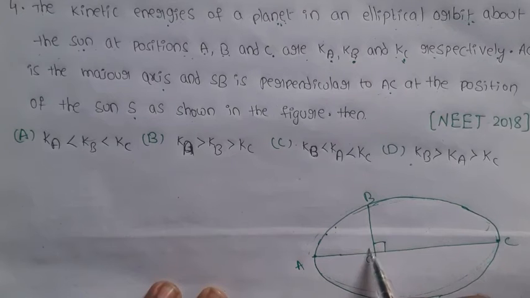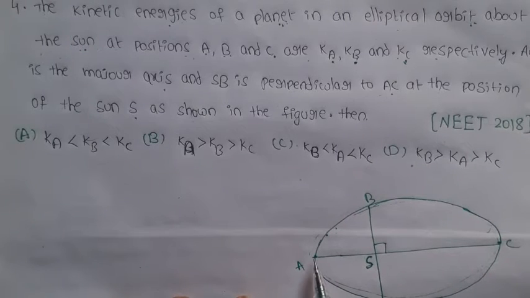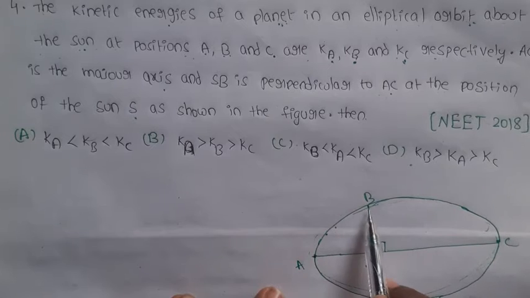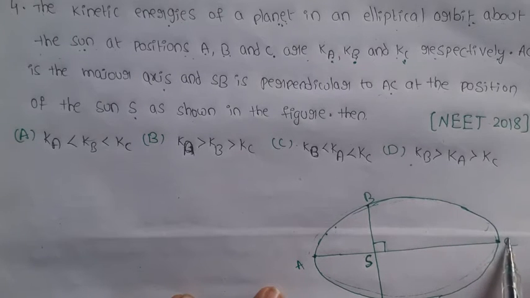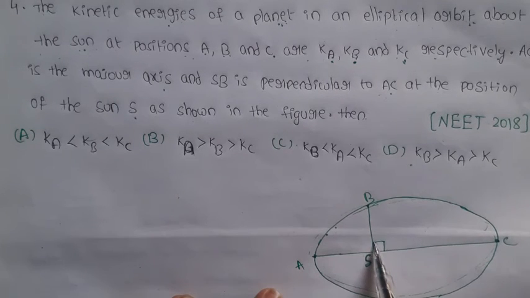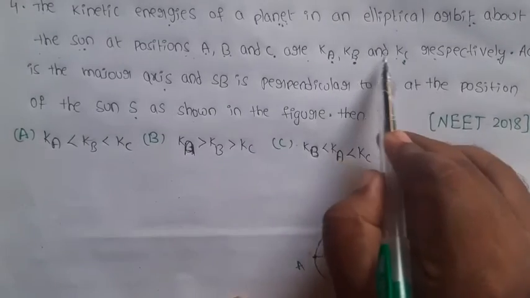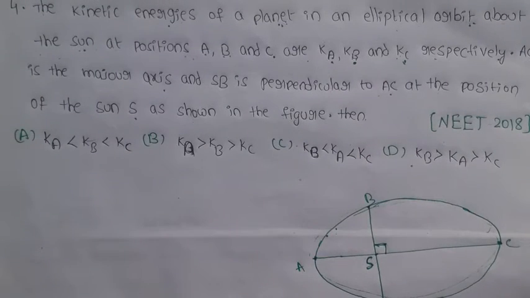The Sun is placed at point S. The planet at position A possesses kinetic energy Ka, at B kinetic energy Kb, and at C kinetic energy Kc. Here we are going to find the relation between Ka, Kb, Kc.